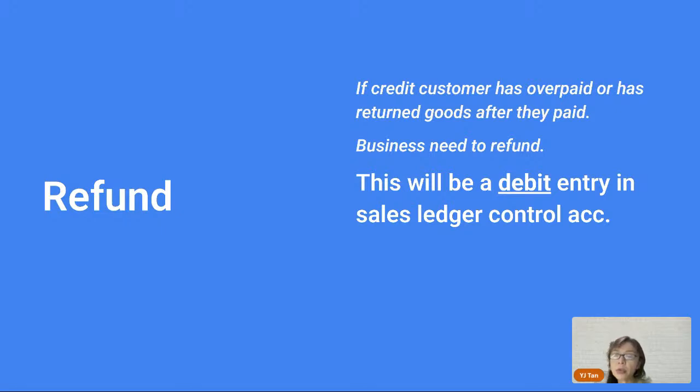Other than that, we also have refunds. For example, the credit customer overpaid accidentally. Let's say they owe you 100 and accidentally paid you 150. So you need to refund, that means send back the money to the customer. This will be a debit entry.